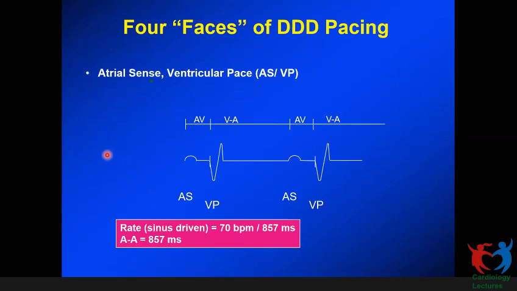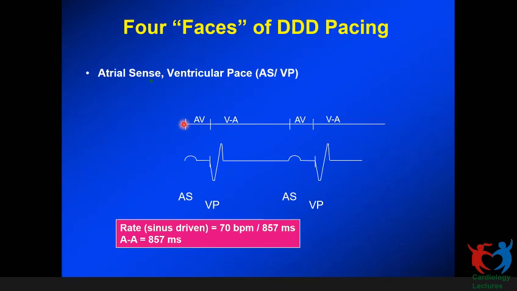And then the most common one that we observe in our country is that the patient has a normal sinus node function, or at least a near normal sinus node function, and then a permanent AV block. So in this case, we may want to pace the ventricle. We have to pace the ventricle all the time. The patient's sinus node function may be normal, so in which case, we don't want to pace the atrium.